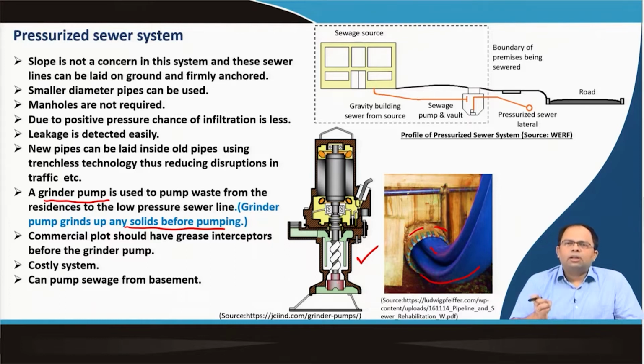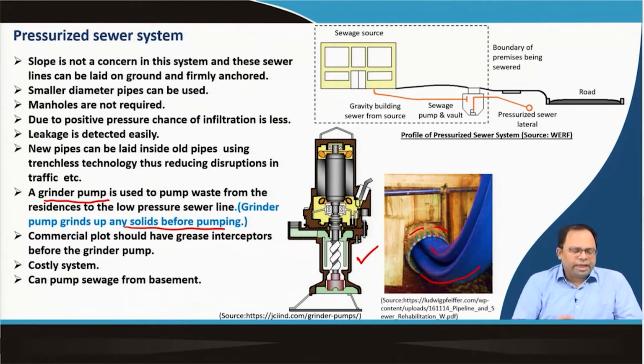If there are larger particles in it, they would be made into very small particles, and then it is pumped into the network. So, in that case, it will not change the flow characteristics and the other parameters for determining the flow, velocity and so on, right. So, that is why we need to grind the sewage and then send it up.